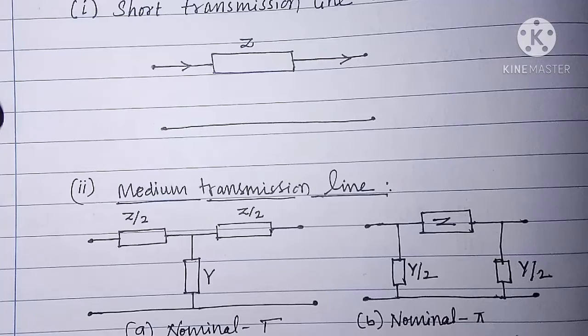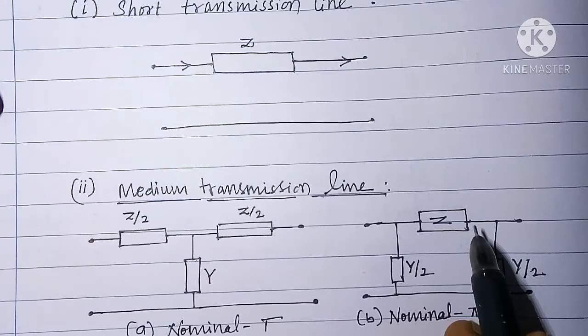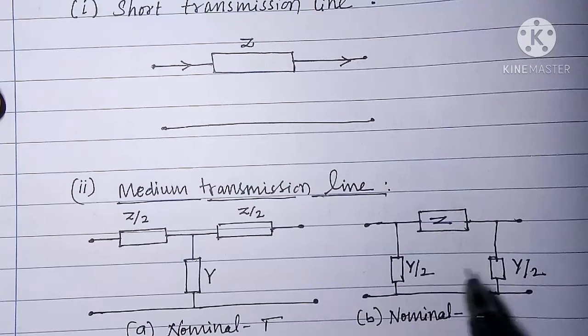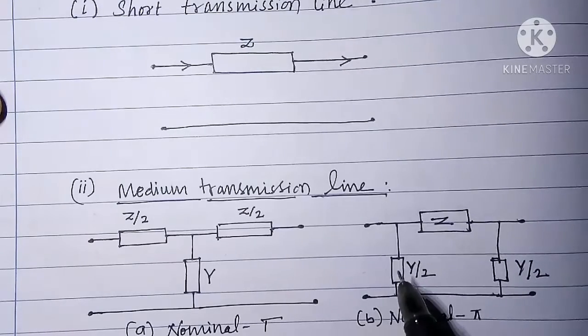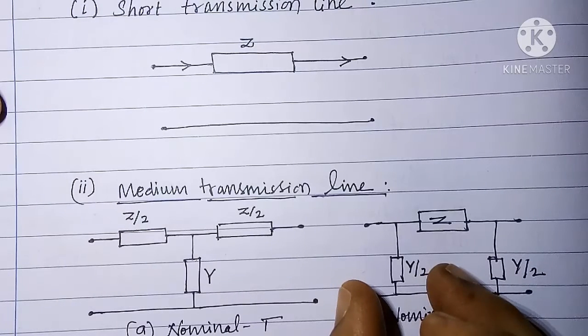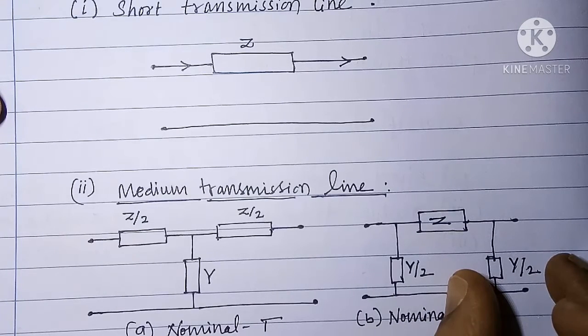In nominal pi network, inductive and resistive impedance is considered to be lumped, whereas the total capacitance, which is distributed throughout the length of transmission line, is divided into two equal parts, and one part is considered on sending end side, whereas the other part is considered on receiving end side.